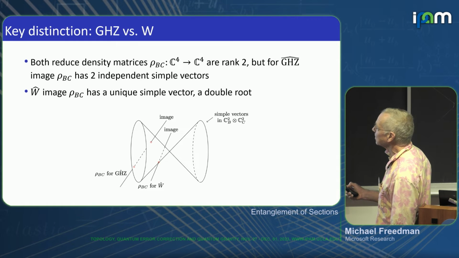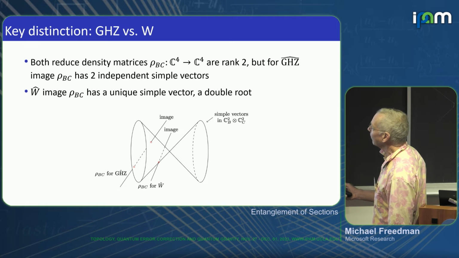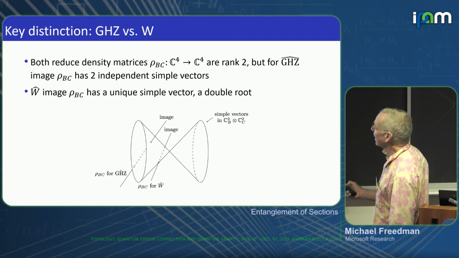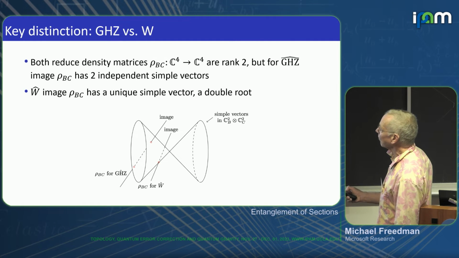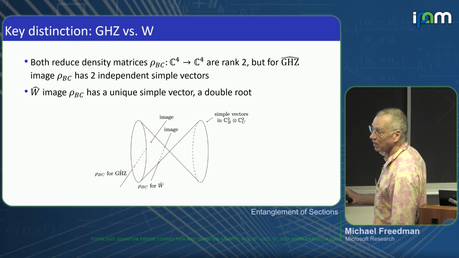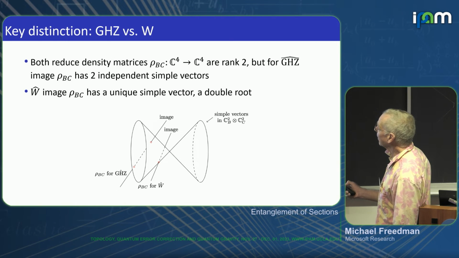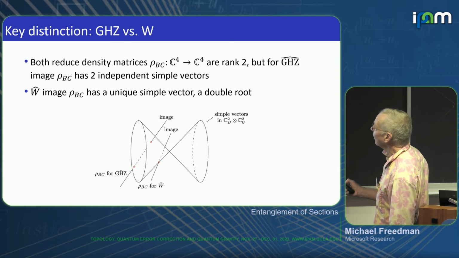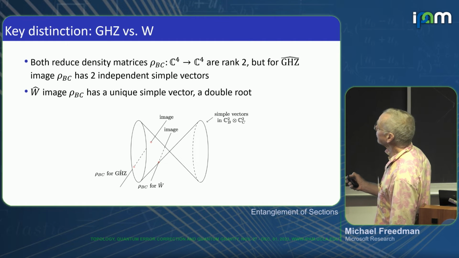Well, they studied the reduced density matrices of the state, which are, by reducing one factor, you get a map from C4 to C4. And it turns out that it doesn't matter which of the three factors you reduce out. There's a symmetry. So I just reduced out A to get rho BC. So you get these matrices of rank 2. They're rank 2 for both the W and GHZ state.